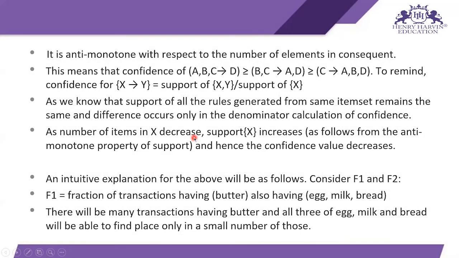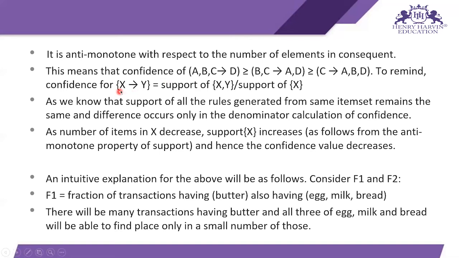It is anti-monotone with respect to the number of elements in the consequent. This means that the confidence of ABC, after we buy ABCD, we can also buy D, is greater than if we buy BC, we can also buy AD, is greater than when we buy C, we can also buy ABD.